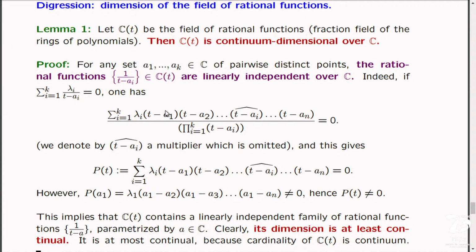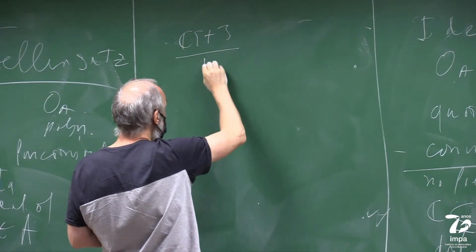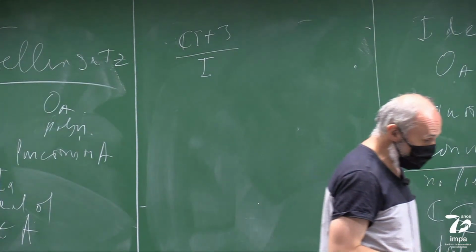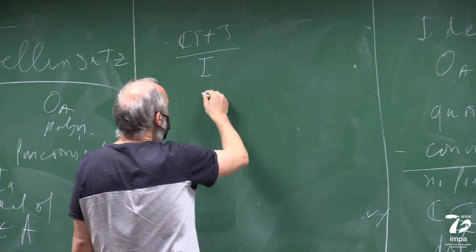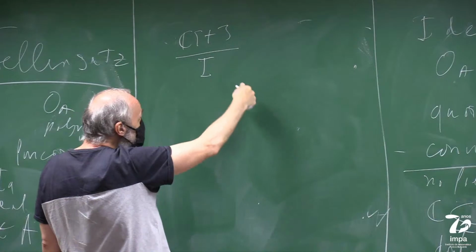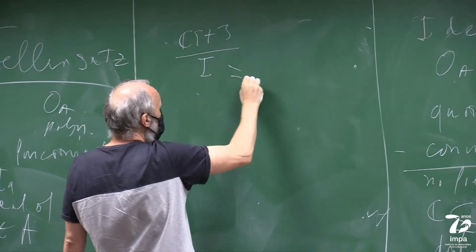So you added t, and this gives you C[t], quotient by something, maybe by some ideal. If you have any polynomial relations, this gives you a quotient. On the other hand, every ideal in C[t] is principal, because it's a principal ideal ring. So this is a quotient by polynomials.